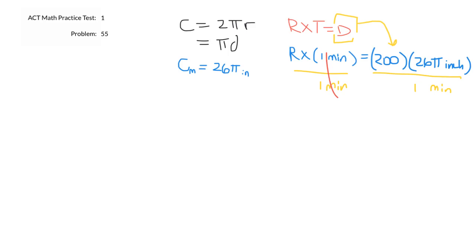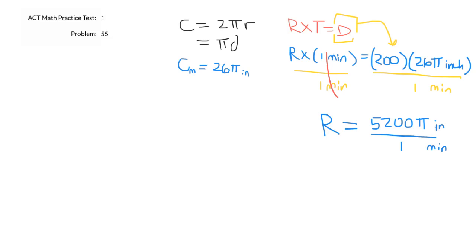And then we would have r equals, let's work this out right now. 200 times 26 pi is 5,200 pi, and that's inches on top, so I'll just write IN for inches, all over 1 minute.